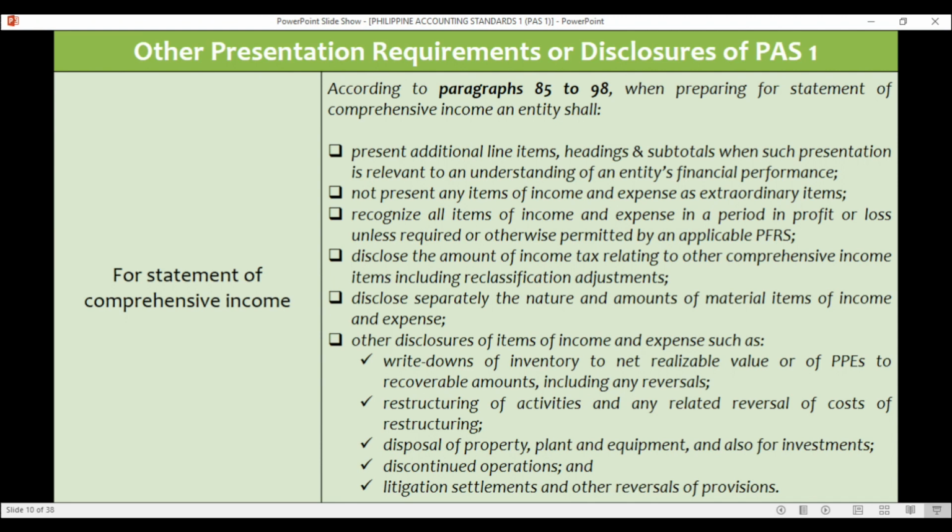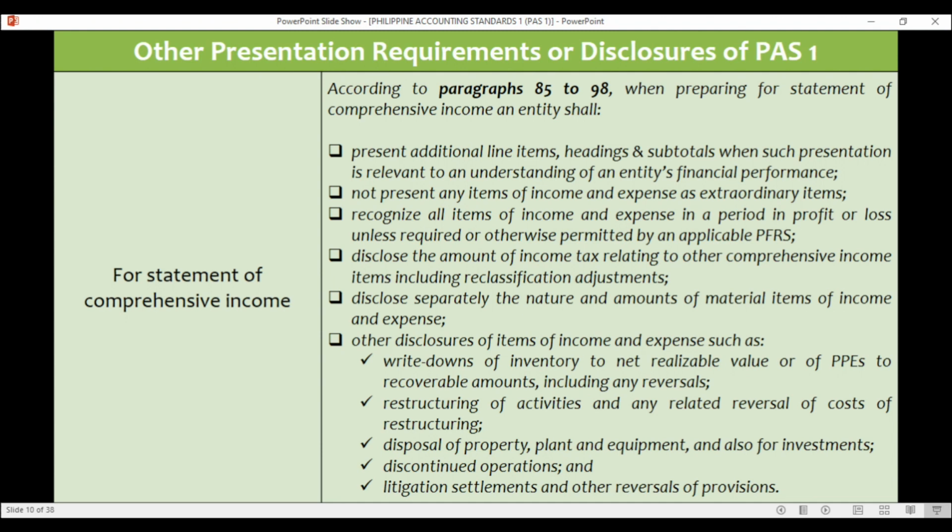Otherwise, if not applicable or required by a PFRS, then do not present those items. Or at a minimum, if they are not applicable to be presented in the statement of profit or loss, then present them in other comprehensive income. Then disclose the amount of income tax relating to other comprehensive income items, including reclassification adjustments.